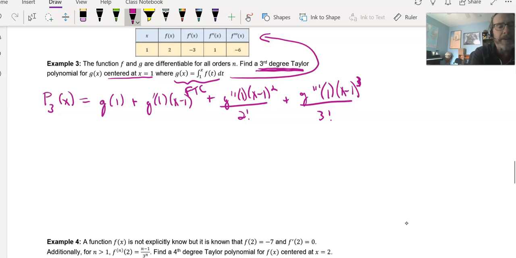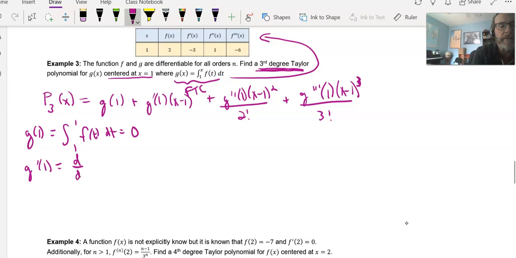So let's start thinking about things. g of 1 would equal the integral from 1 to 1 of f of t dt. Anytime the integral is from one number to itself, we know the definite integral is 0. g prime of 1 is going to equal the derivative of the integral.